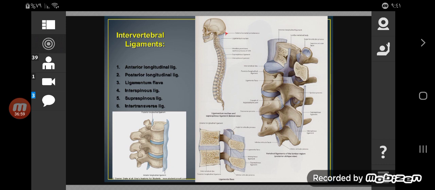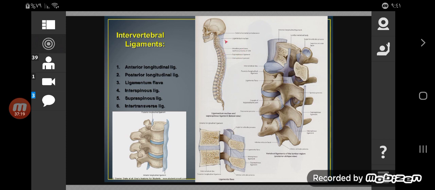This is vertical and is between the external occipital protuberance and the spinous process of C7, the vertebral prominence, which is well known.